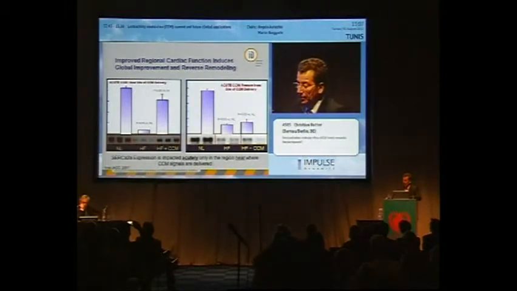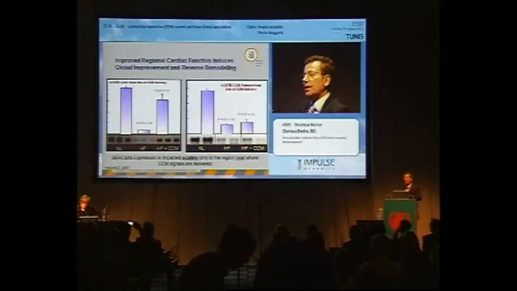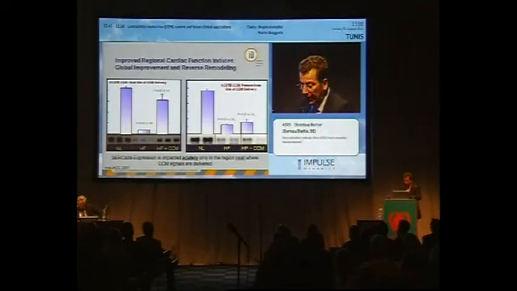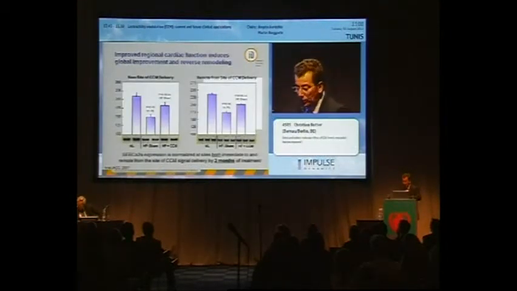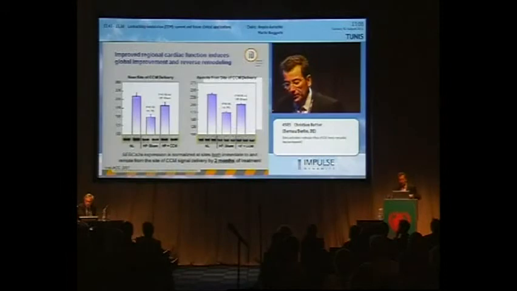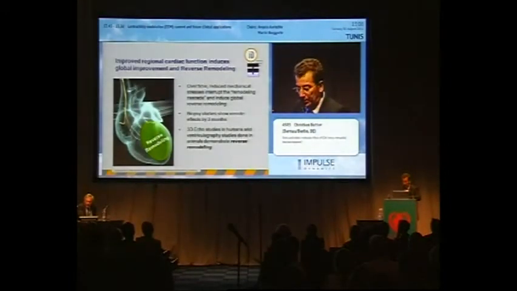If you take acute samples from the remote side, which means not the side of the left ventricle where the stimulation is, that's the posterolateral wall, you see no effect in that area at all. But if you continue, for example, for 3 months, the effect on SERCA2A has moved to the posterolateral, which means the remote wall, so the whole left ventricle seems to be affected by CCM therapy.